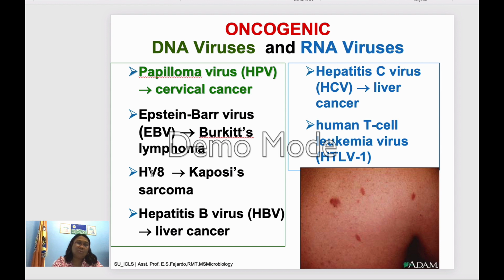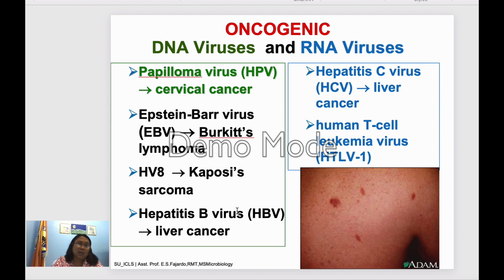This one is the human herpesvirus 8, which is a member of the herpesviridae family, the agent of Kaposi sarcoma. This is a form of virus that transforms the cells of the muscles into a tumor cell that keeps on replicating, but it's just under the skin in the muscles.